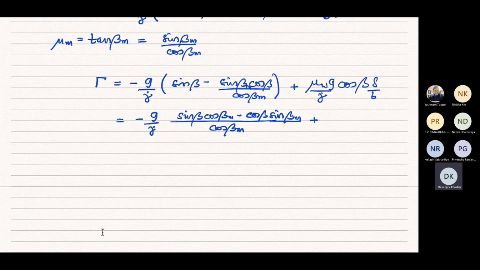And then the second term remains the same, G by gamma dot mu w cos of beta into delta by b.